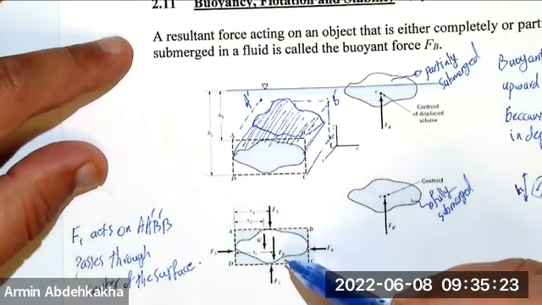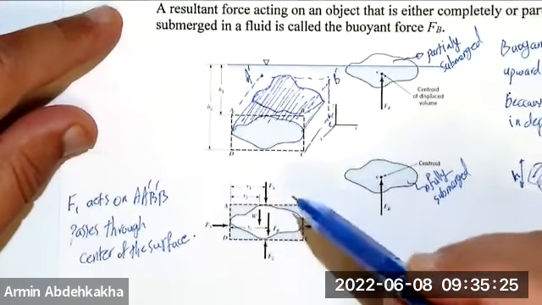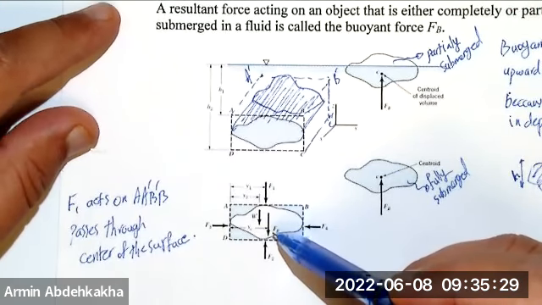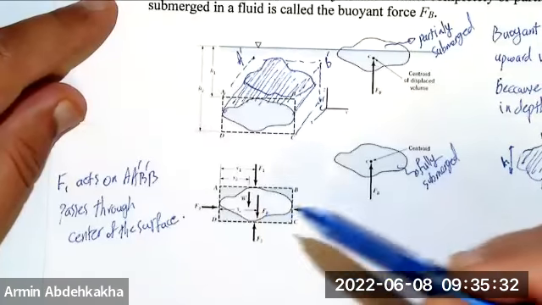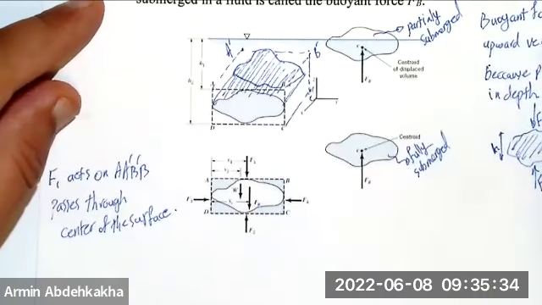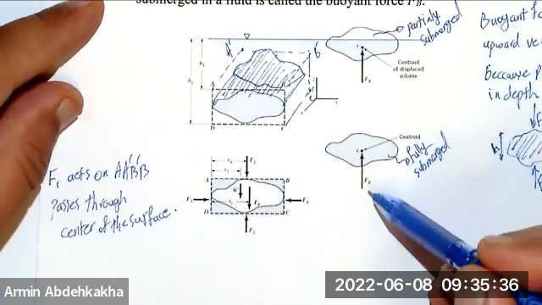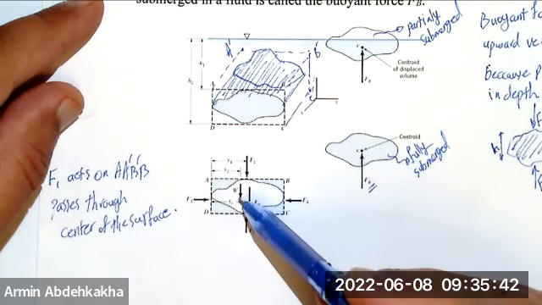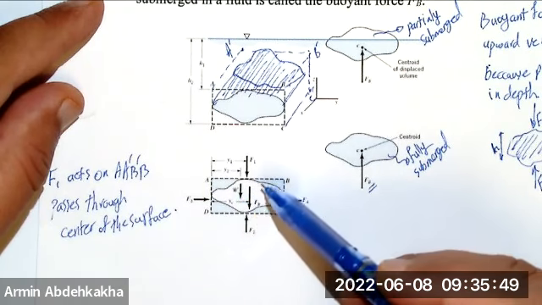But obviously you guys have a question: why is the buoyancy downward here? If we mentioned that the buoyant force is upward, and it is also mentioned here that the buoyant force is upward, why do we have the W, which is the weight? We'll talk about that.